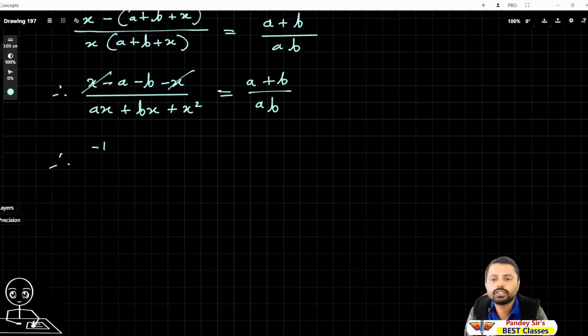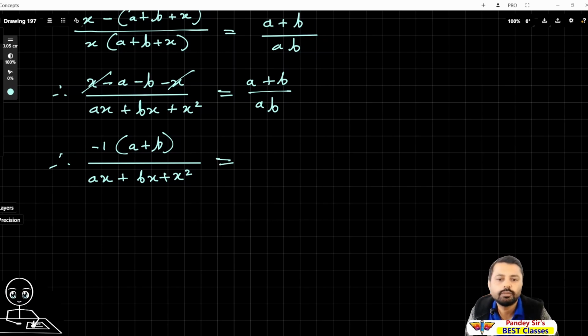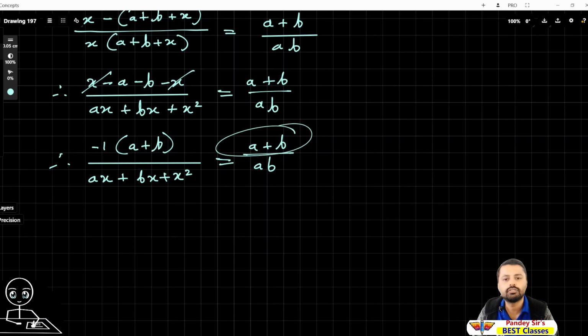It will become minus 1 in bracket a plus b by ax plus bx plus x square equal to a plus b by ab. So a plus b by ab. Now in the next step, I can just divide both sides by a plus b, or simply I can shift this a plus b to this side and it will be cancelled, same.